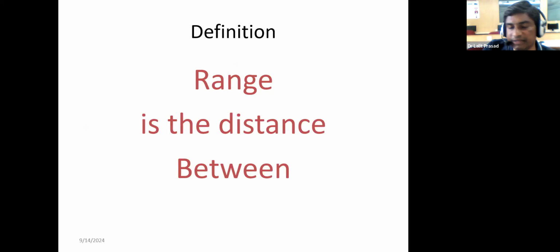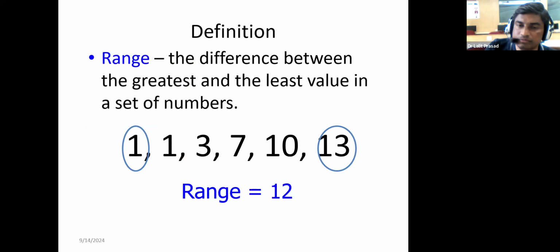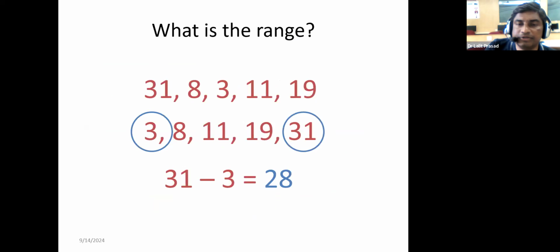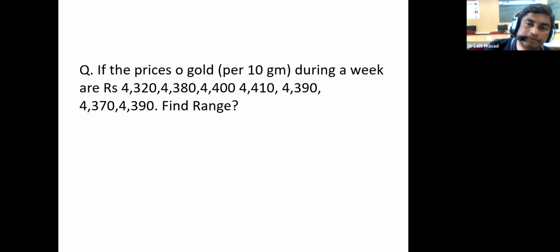So range is the difference between the highest and the lowest value. 13 and 1, 12. You can see here, you can find out the range.